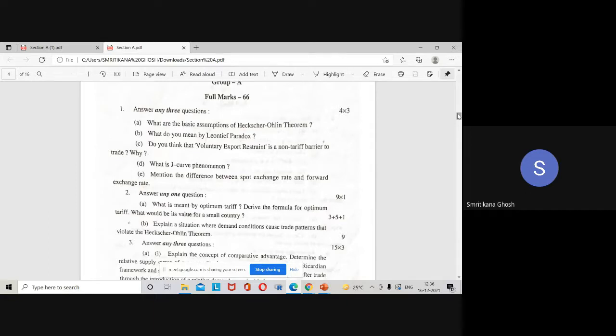But if it is said that a capital abundant country is, okay, this is actually the Leontief. Fine, this is actually the Leontief in some other way. So here, if it is seen that the capital abundant country is importing capital intensive commodity, then it is the violation.